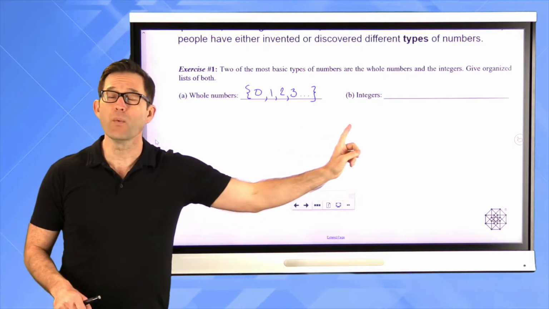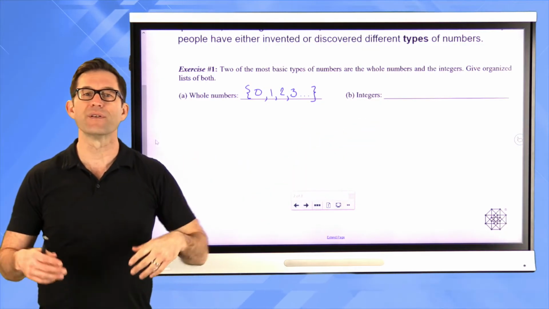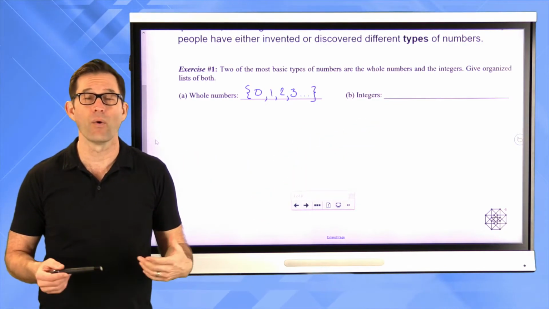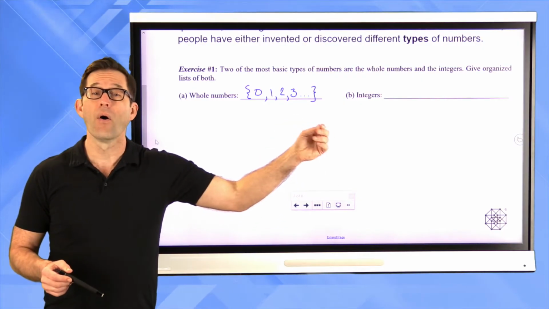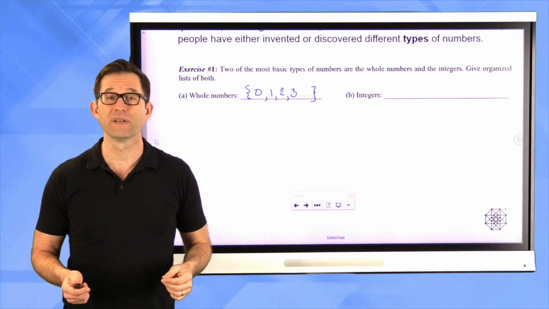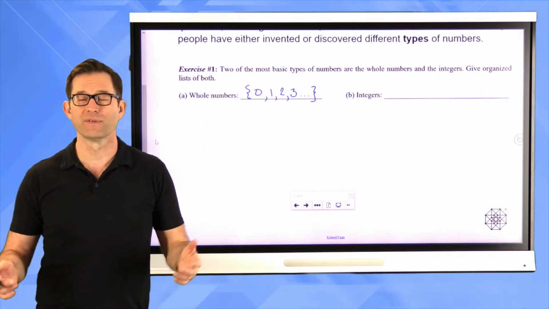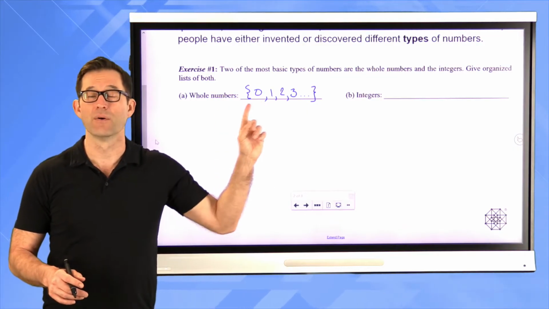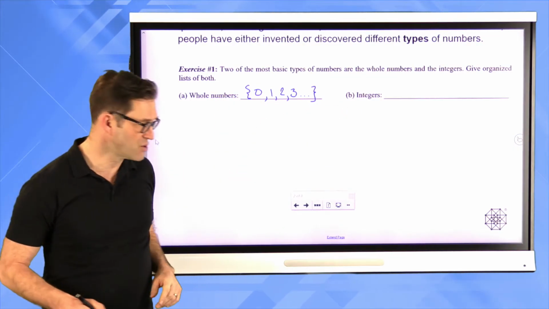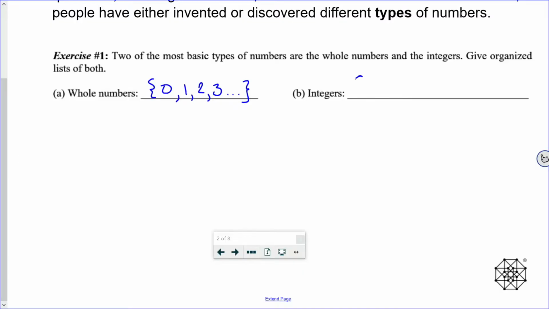Now for letter B, we've got the integers, and it's almost difficult to describe the integers because the integers and the whole numbers look a lot alike. The difference is that the integers also have negative whole numbers involved. And again, some people would say, well, you can't say negative whole numbers because whole numbers are by definition either 0 or positive. But the integers are basically numbers that don't have any fractional part.